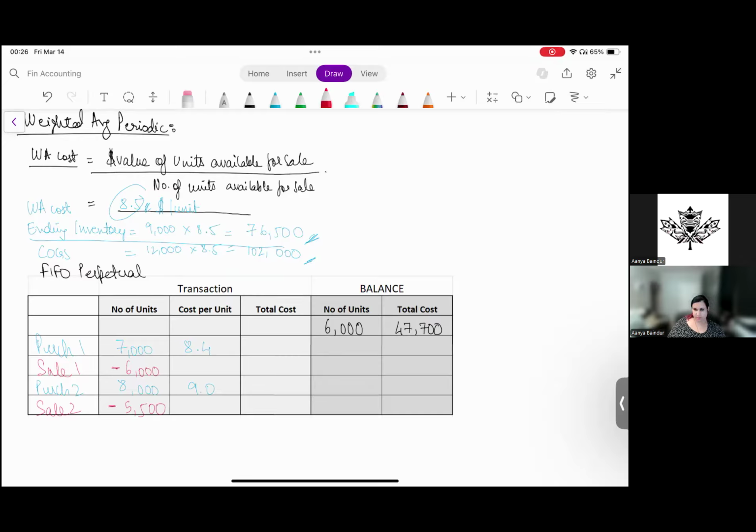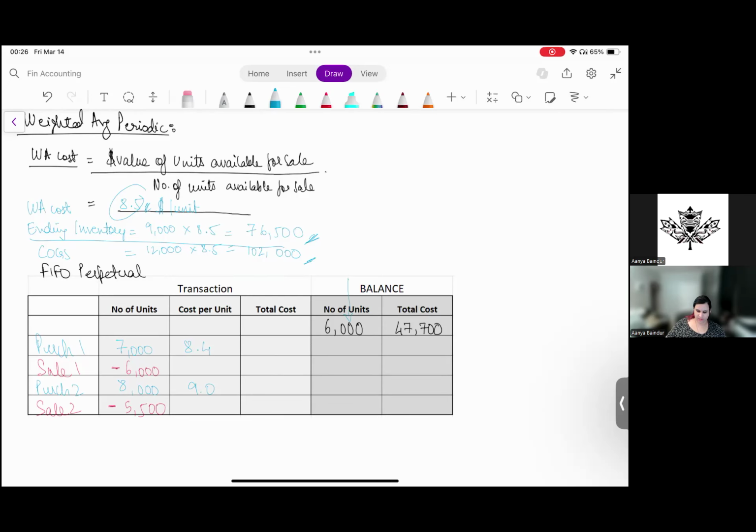Now remember, when it comes to FIFO, the main thing that will matter is anything that's in the inventory earlier needs to be sold first of all. So the very first units that we'll be selling will be these 6,000 units right here. So firstly, we are purchasing 7,000.